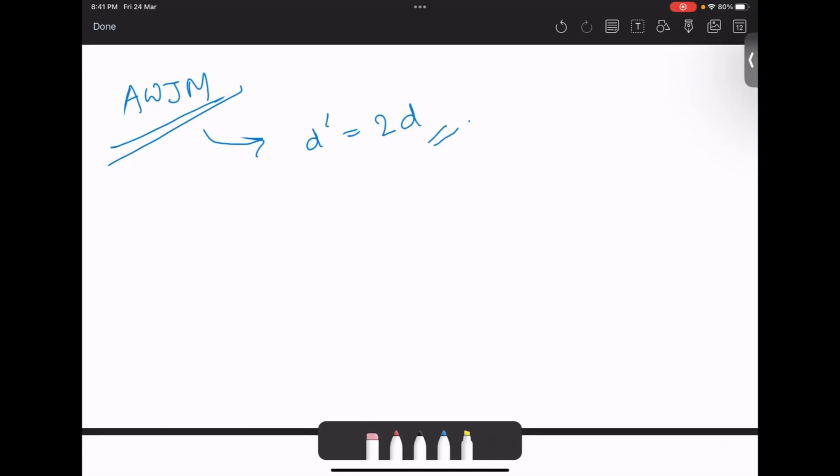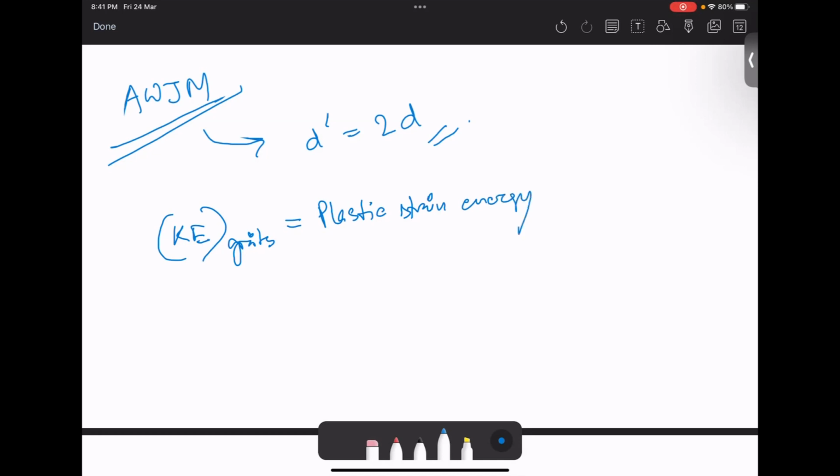So to know that, I hope you know how the MRR comes up in case of abrasive jet machining. You equate the kinetic energy of incoming grains or grits to the plastic strain energy of the workpiece.